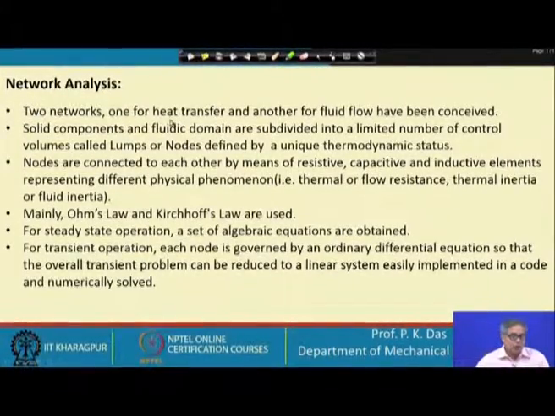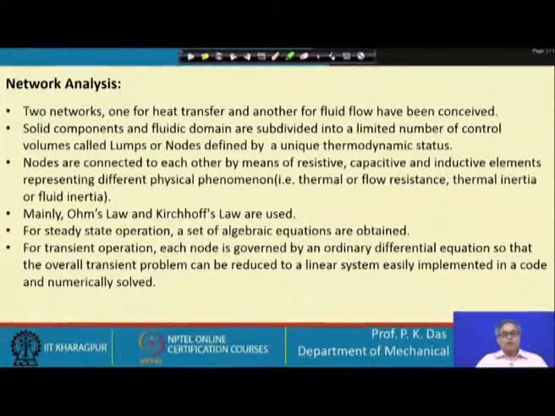Then nodes are connected to each other by means of resistive, capacitive or inductive elements representing different physical phenomena, that is thermal or flow resistance, which is the resistive element, then thermal inertia and fluid inertia, etc. So, these are the capacitive elements. Based on this kind of analogy, people can have different elements and complete the network.